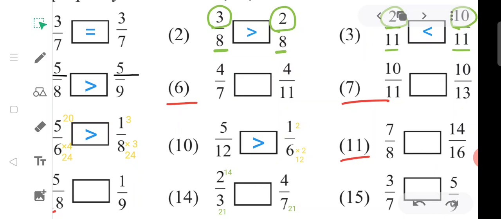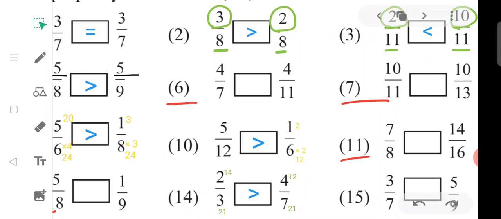So we need to multiply 4 by 3. 4 threes are 12. Now tell me which fraction is greater? See here, we get 14 upon 21 and 12 upon 21. So we can say that 14 upon 21 is greater than 12 upon 21. That means 2 upon 3 is greater than 4 upon 7. Now come to the next one.